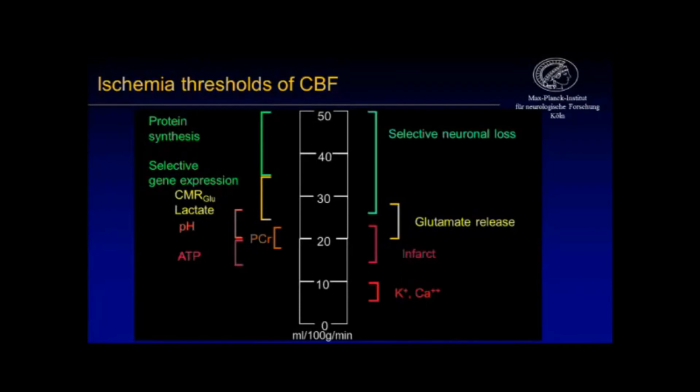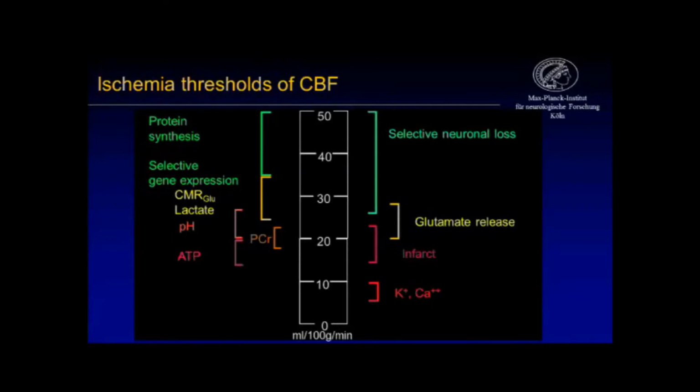As you go down to approximately 30 milliliters, you get anaerobic glycolysis. Tissue acidosis happens, and if you reach approximately 20 milliliters, this is when you have breakdown of energy metabolism. ATP is lost. And here on the right-hand side, you see what this is typically called. In the upper range, you have selective neuronal loss. Then you have glutamate release and all its toxic consequences. And then finally, as you reach approximately the 20 milliliter threshold, this is when you have an infarct happening.